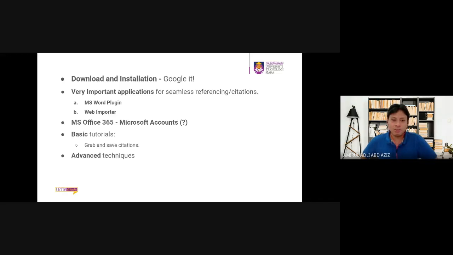So there's always another alternative. You can always use other softwares like EndNote or Zotero. There are many more, many different softwares that you can use. And you'll be surprised actually, all these softwares are just tools. If you know the real technique of referencing, you don't have to really rely on any one software.